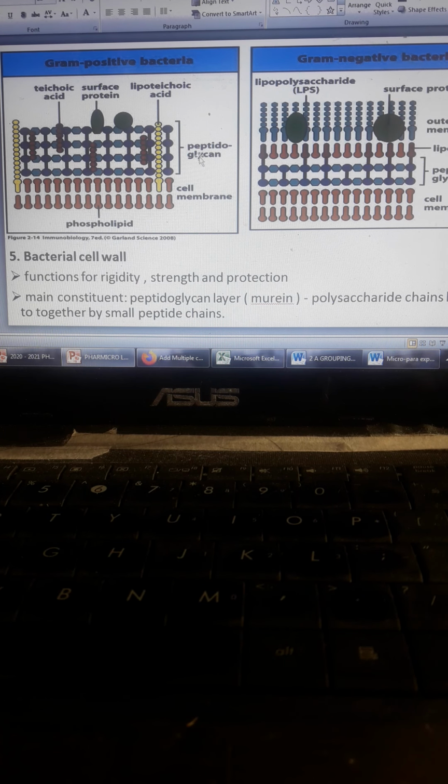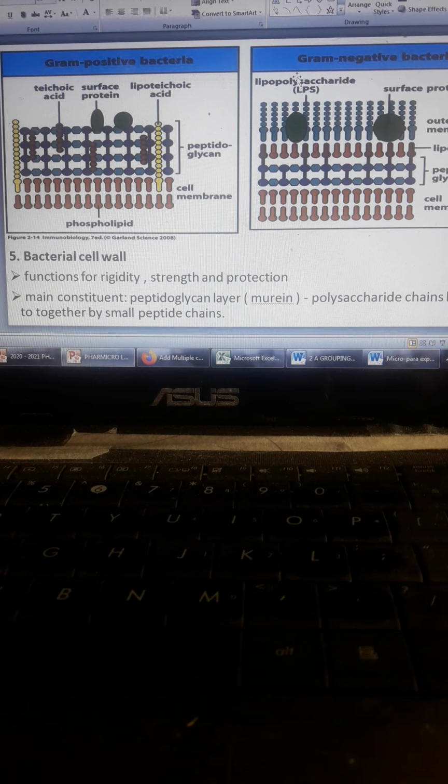So we have the peptidoglycan layer here of the gram-positive, while here we have the peptidoglycan layer of the gram-negative bacteria, which is considered to be smaller in size compared with the gram-positive bacteria. Usually they are found at the outermost layer of the cell membrane.